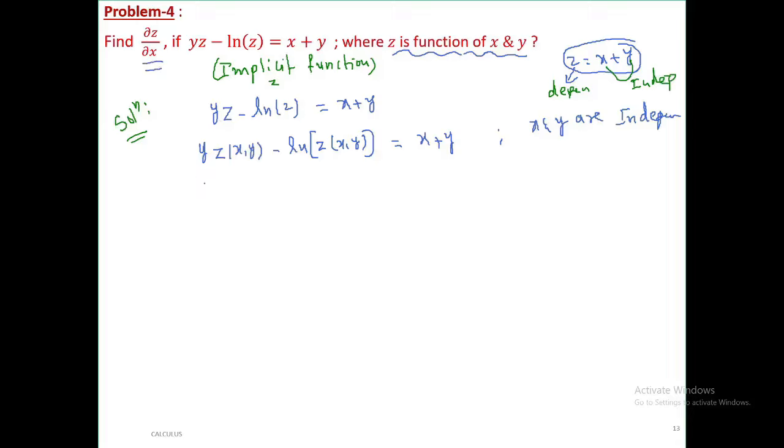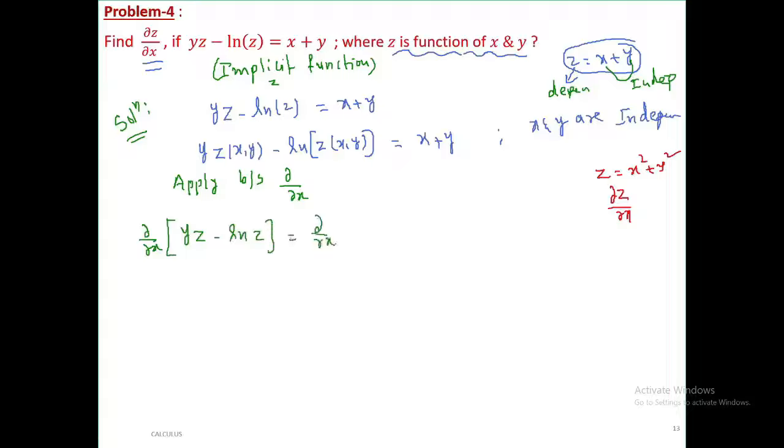So therefore, from here, I want dou z by dou x. Apply dou by dou x on both sides. Now dou by dou x of yz, simply I am writing z, z is a function of x and y, minus ln of z. And on this side dou by dou x of x plus y.